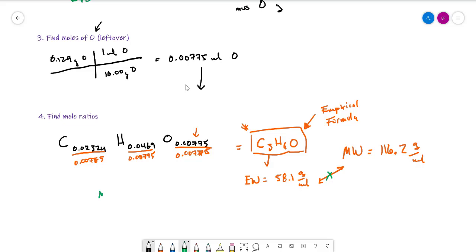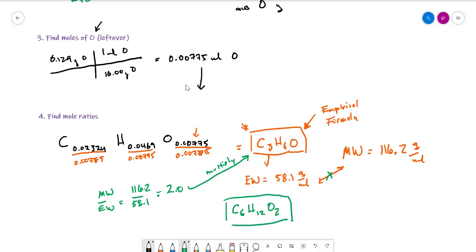But remember, all we had to do was take the molecular weight divided by the empirical weight, to get some factor, which was 116.2 over 58.1, and what we get is this nice whole number of 2.0. Again, we can multiply that by our original empirical formula, and we get C6H12O2 as our final molecular formula.